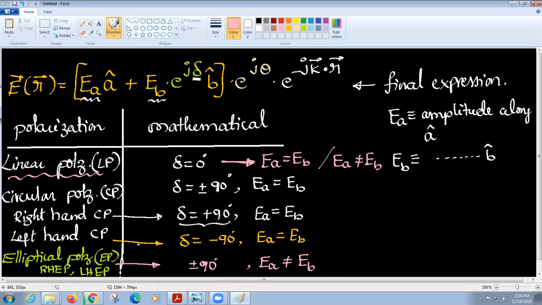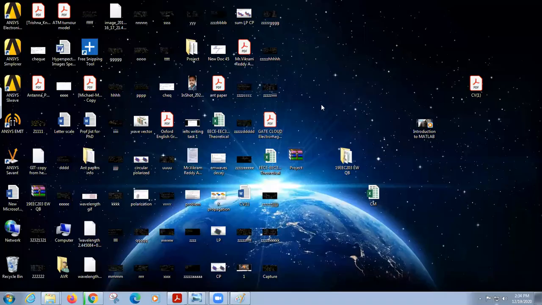We don't bother whether this is equal to this or not. The only thing is that there must be no phase difference between the two orthogonal components, along A roof and B roof, EA and EB. If we satisfy that, it satisfies linear polarization. Okay, and now let me show this.